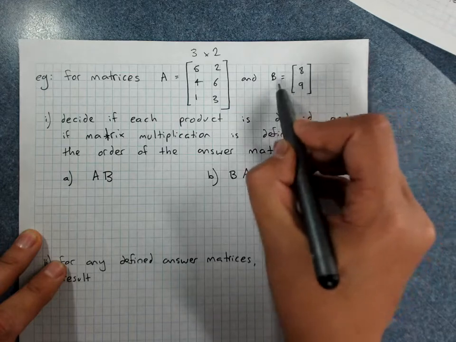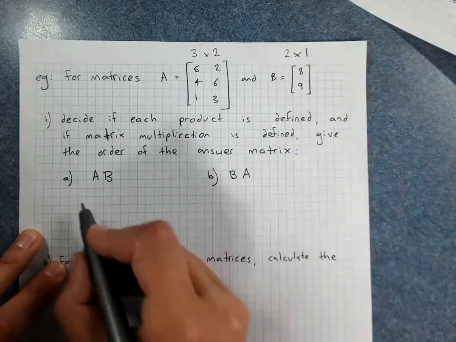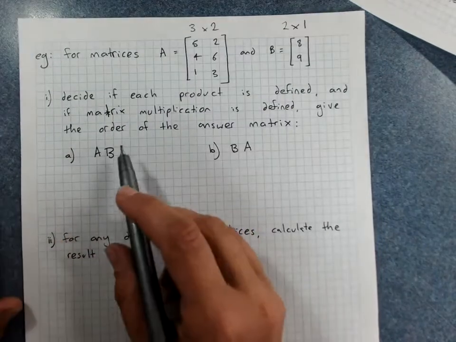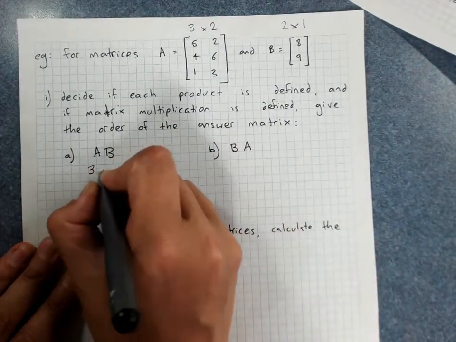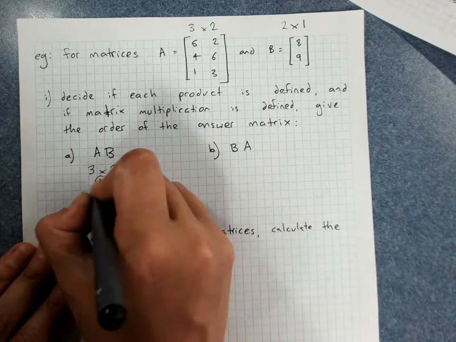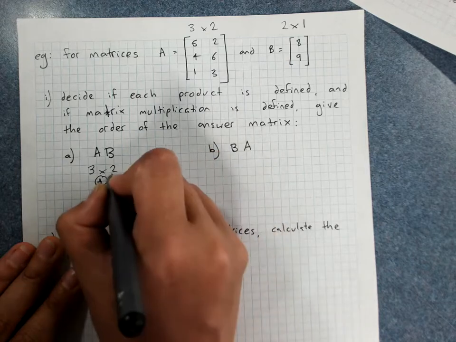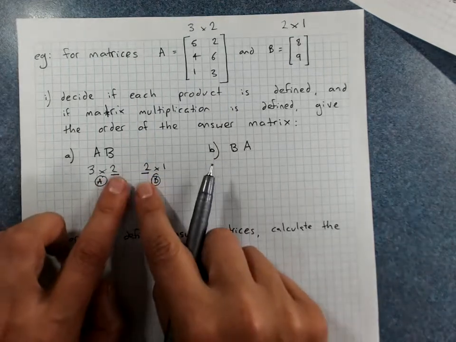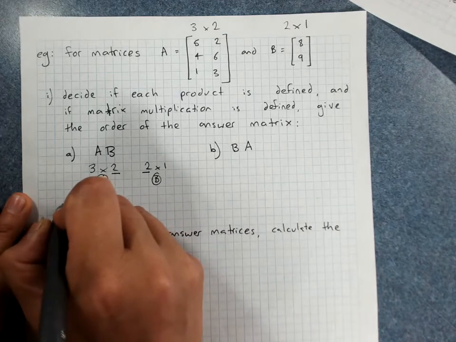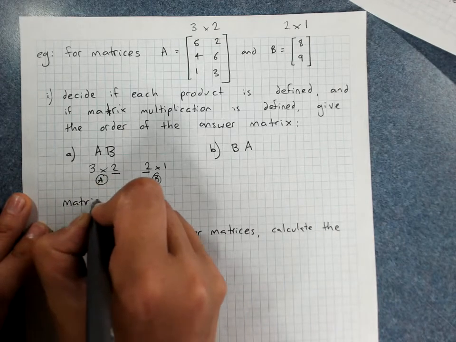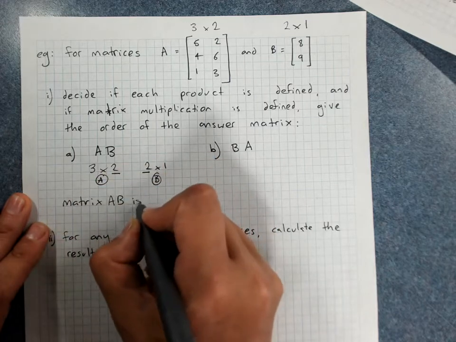B has 1, 2 rows, 1 column. So AB, multiplying A by B, the orders are 3 by 2 for matrix A and 2 by 1 for matrix B. The two inside ones are the same. So yes, the product is defined. That is, we can do that multiplication.